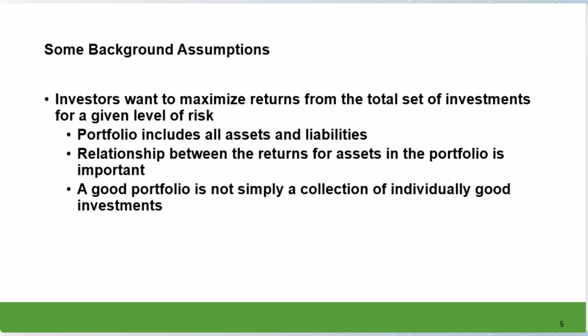It matters. Two risky assets together can be less risky than either one alone. Diversification is a real thing. Finally, a good portfolio is not simply a collection of good investments. You can hold only great companies and still build a bad portfolio if they all move together.